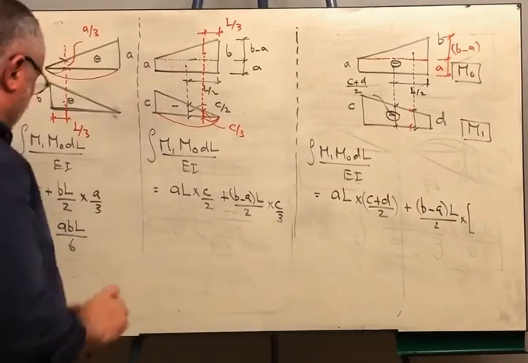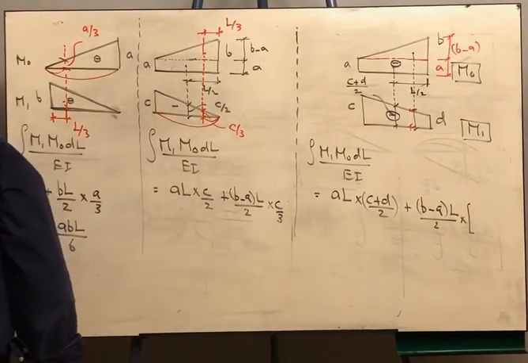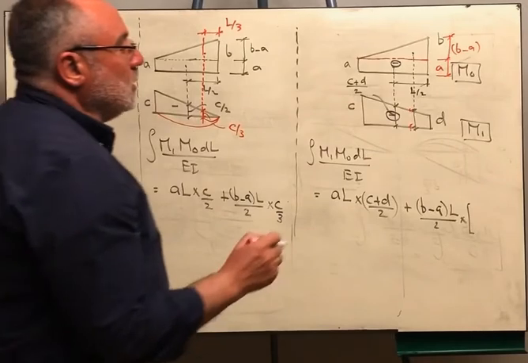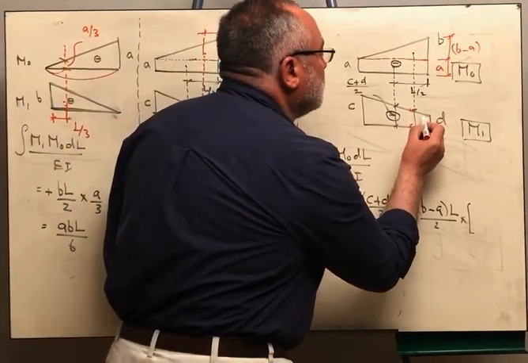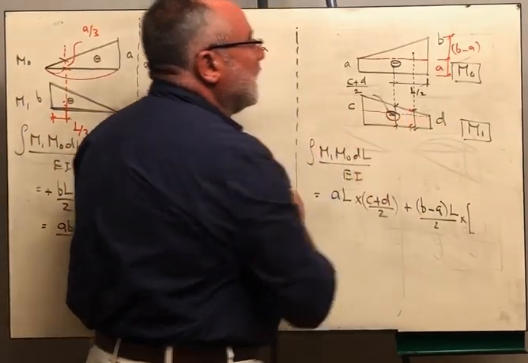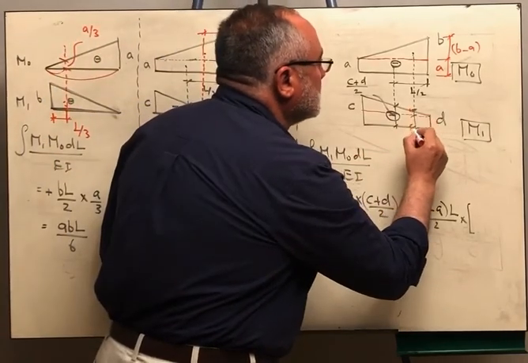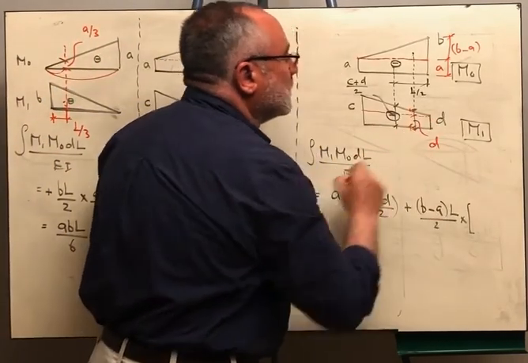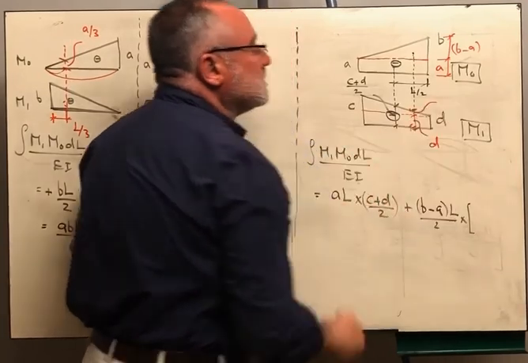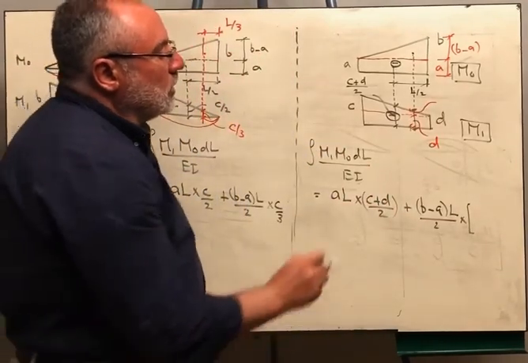Who can tell me how can we get that? Now, if we divided this into a rectangle and a triangle, you will find that this distance here is D. And this distance is basically how much?